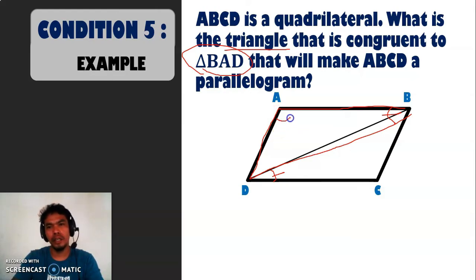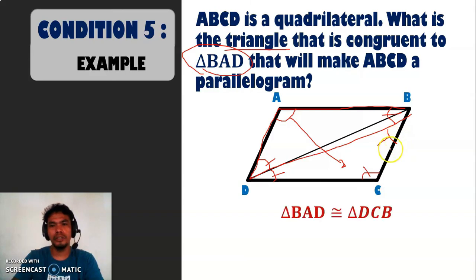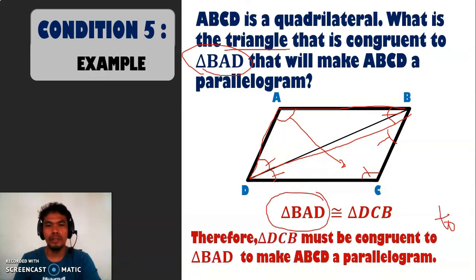Then you have also angle A. The opposite angle of angle A is angle C. Then last is angle D is congruent to angle B by alternate interior. So we have triangle BAD is congruent to triangle DCB. Therefore, triangle DCB must be congruent to triangle BAD to make ABCD a parallelogram.